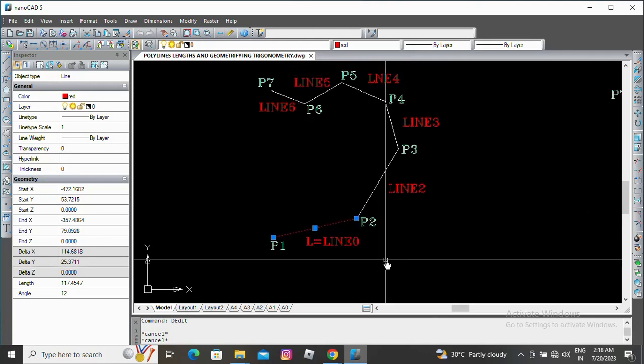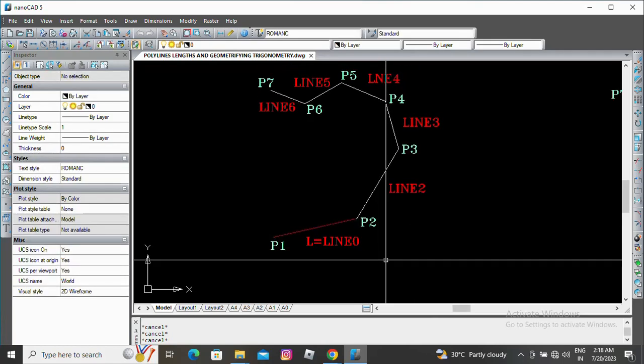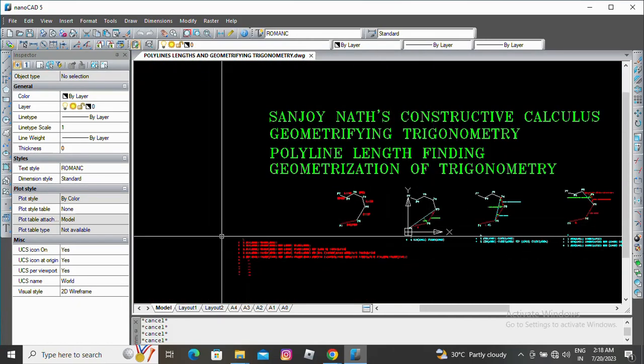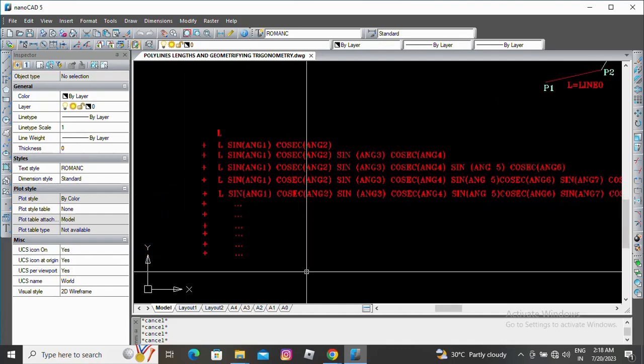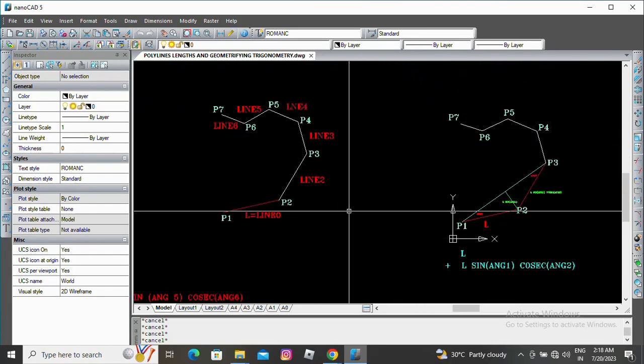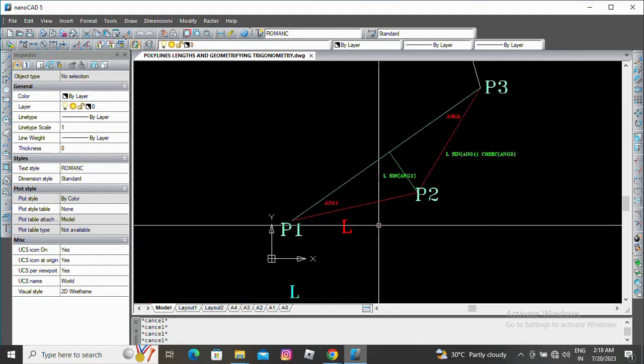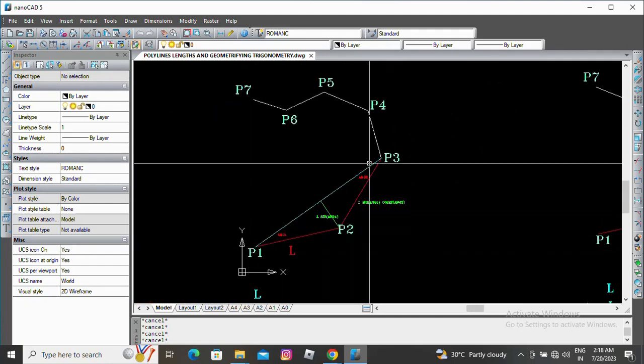Let's see how we can derive this, and not only the derivation, we will construct the trigonometry expression, this trigonometry sequence, from the polyline. First of all, we will take an artificial construction from P1 to P3.